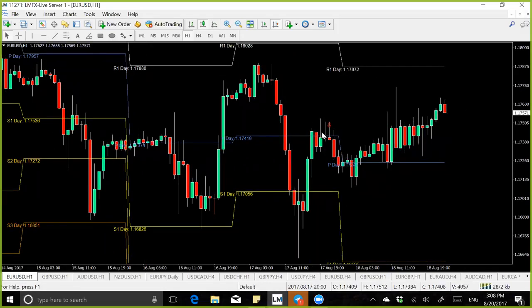Whenever you have an exhaustion candle bouncing off a pivot line, like this one, in this case it's a sell, you can simply hit sell at the open of the next candle.